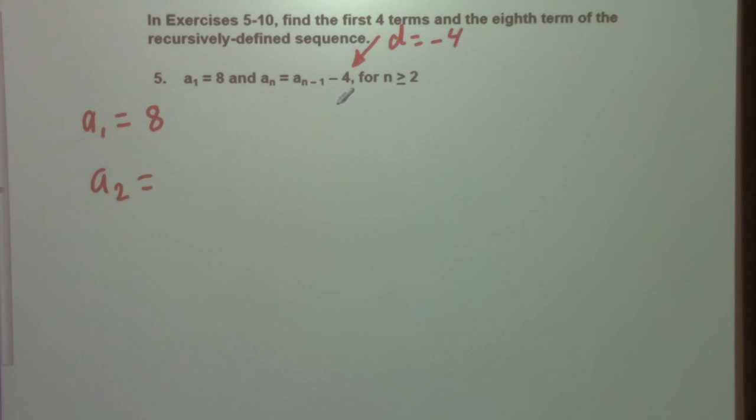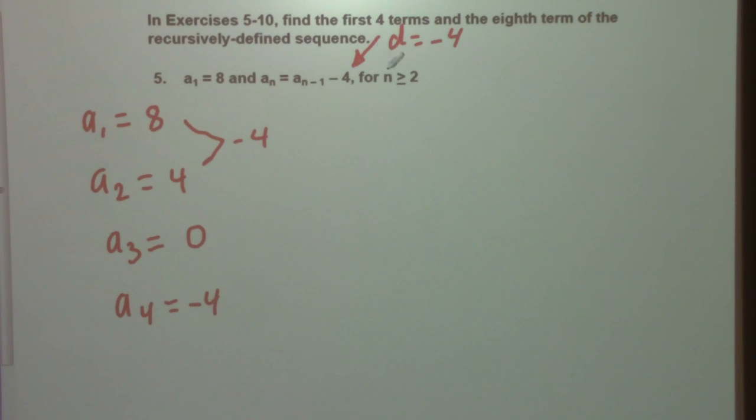So 8 minus 4 is 4, and that's going to be our second term. Our third term is going to be 0, and our fourth term is going to be -4.